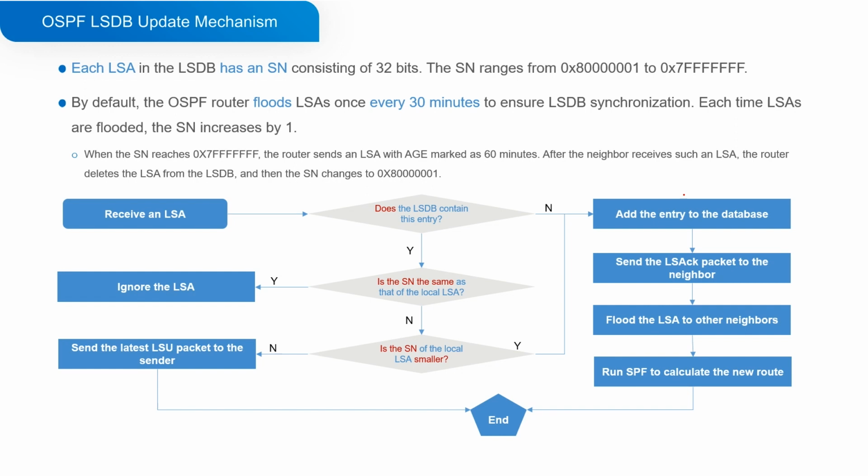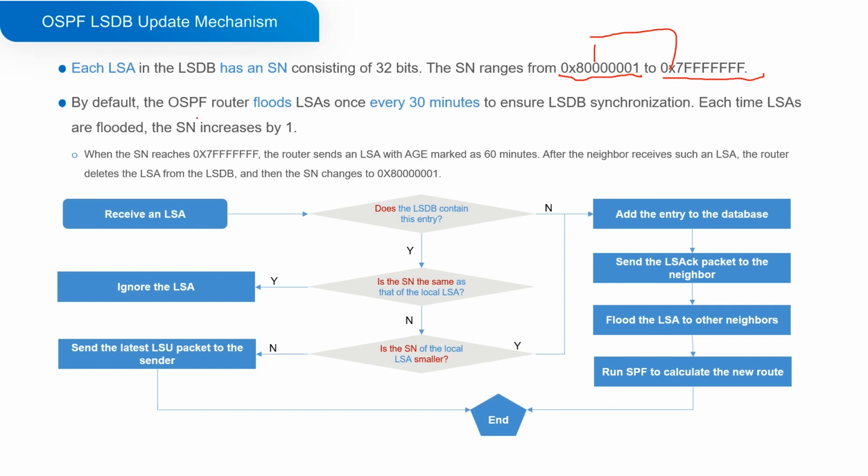The SN number consists of 33 bits, so the range of our SN is from 00001 to 7FFFF. The range between the two values we can use to mark our RSA information.